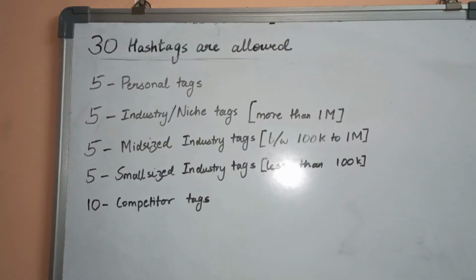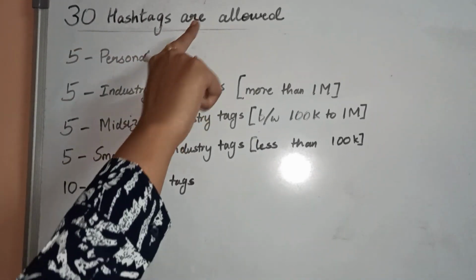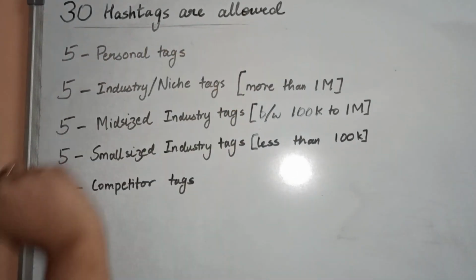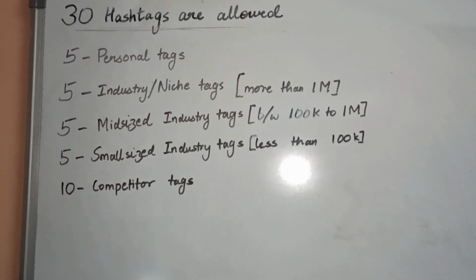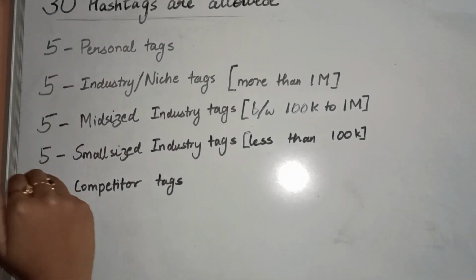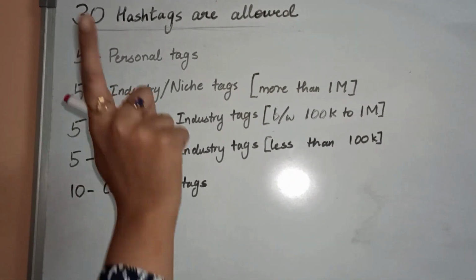Now let's start with the different sizes of hashtags which I was telling you about. Instagram allows you to have 30 hashtags in one single post, so you can use around 30 hashtags in your post. I've divided that 30 into 5, 5, 5, 5 and 10. So how do you divide that? 5 will be your personal tags. What are personal tags? Personal tags can be your own name or your brand's name.